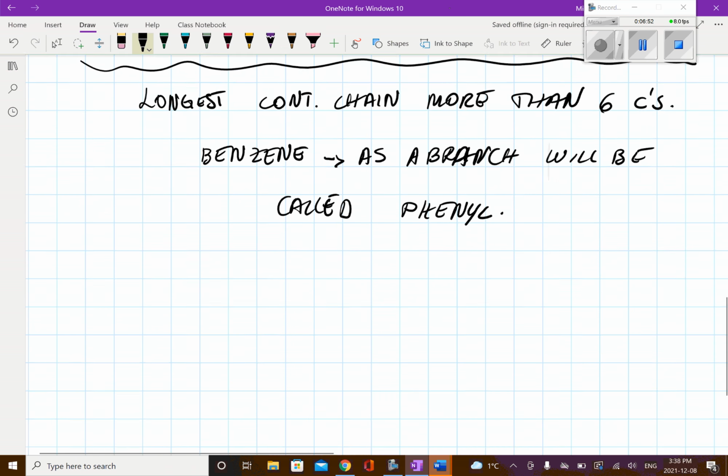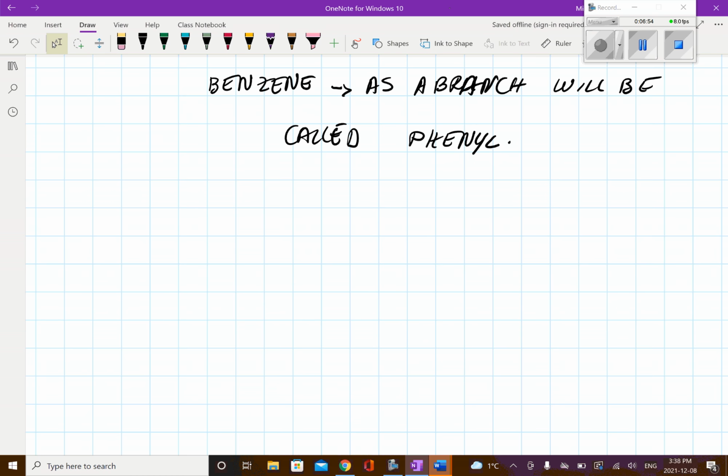Okay, so let's suppose that we have this as the example. We have a chain that has 1, 2, 3, 4, 5, 6, 7, even 8. Okay, and then here we have methane.